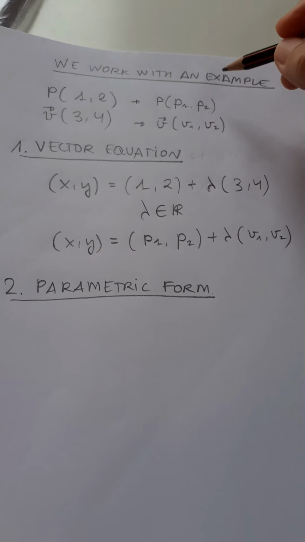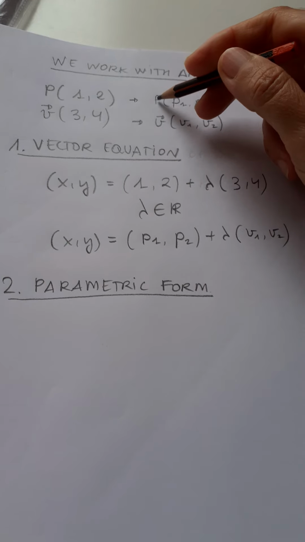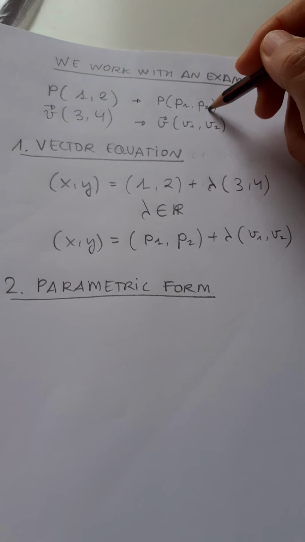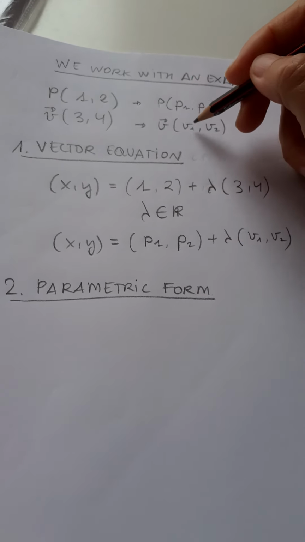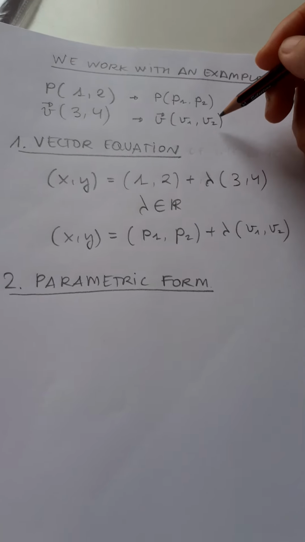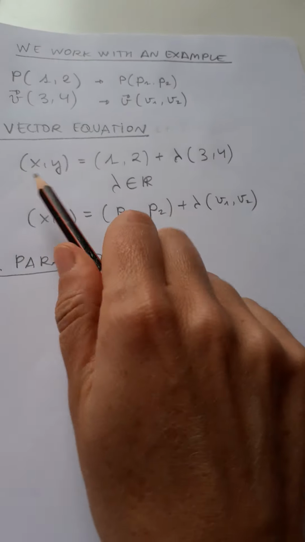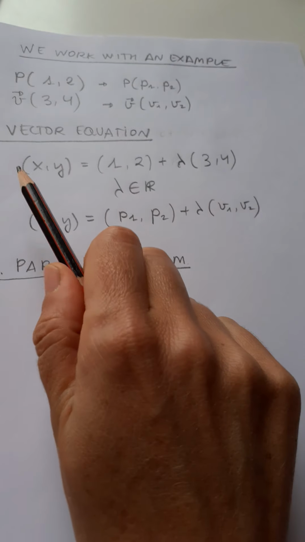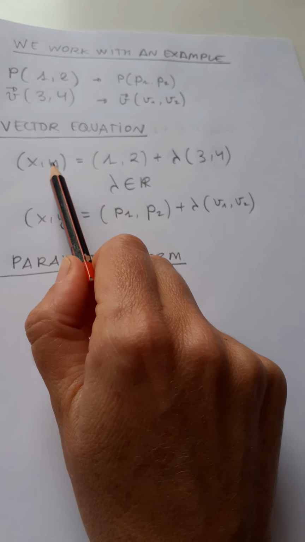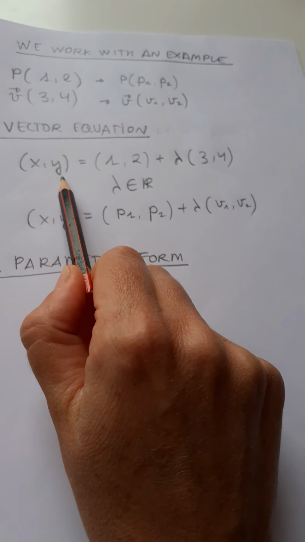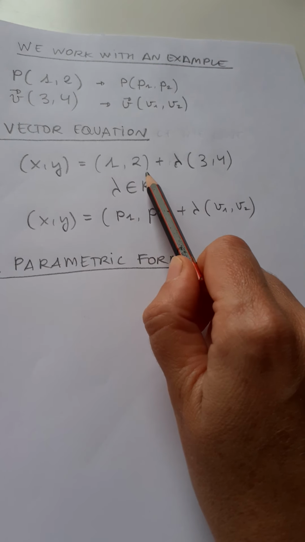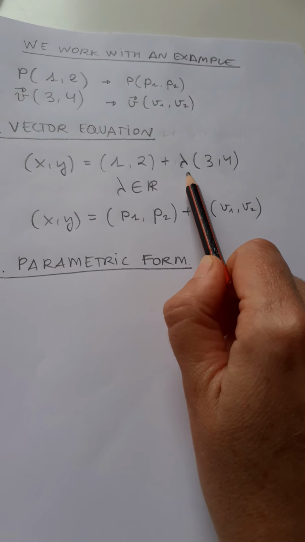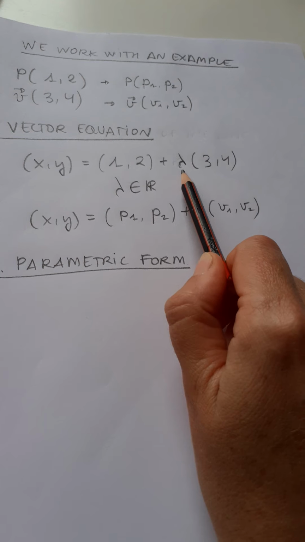So if we were working in general, one point would be p sub 1, p sub 2, and the directional vector would be v sub 1, v sub 2, okay? We already know the vector equation. The vector equation is, to obtain any point x, y of the line, we just have to add the coordinates of the point plus lambda. Lambda is a parameter.